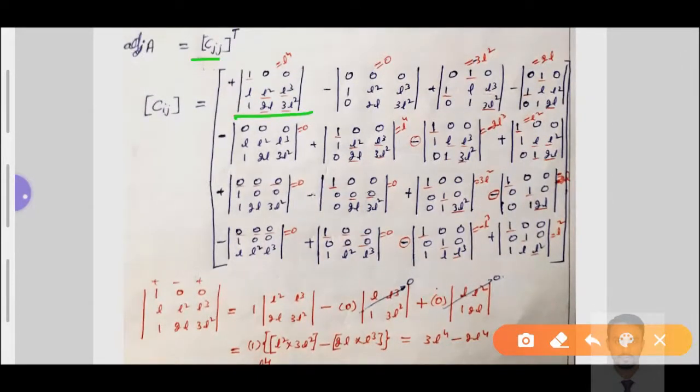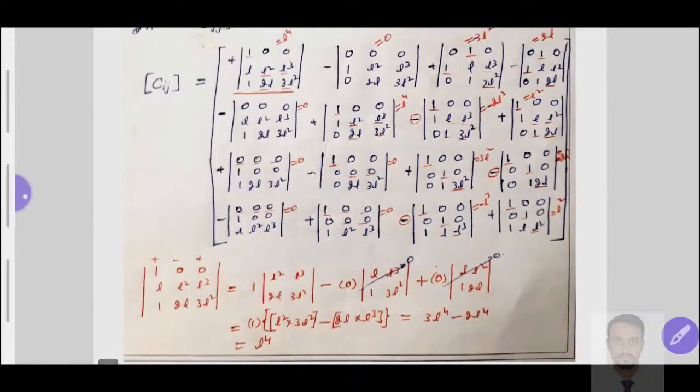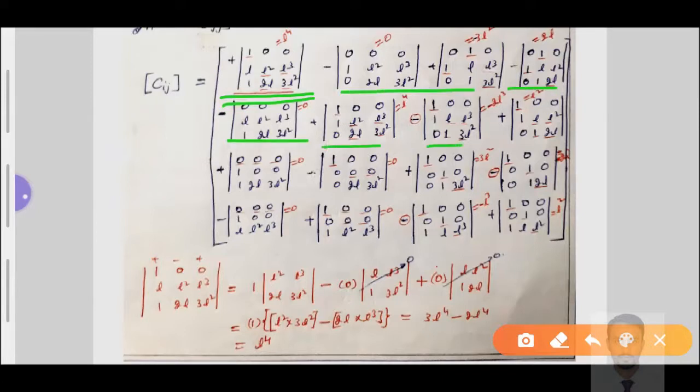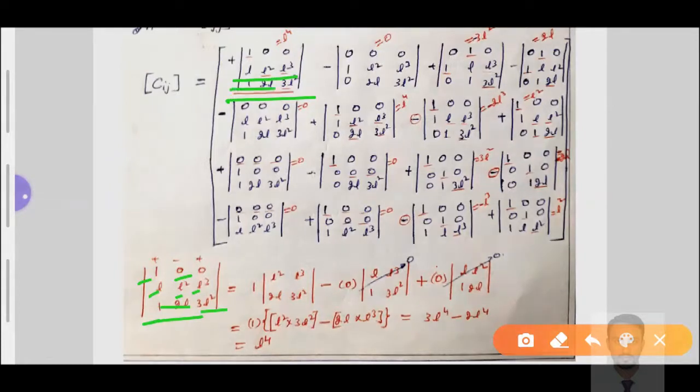We know how to resolve the determinant of a 3 cross 3 matrix. I'll take one separately and give the idea for it; the rest you calculate on your own. I'll give it for this first determinant. I have taken 1 0 0, L square L cube, and 1 L 3L square, 1 L 3L square.